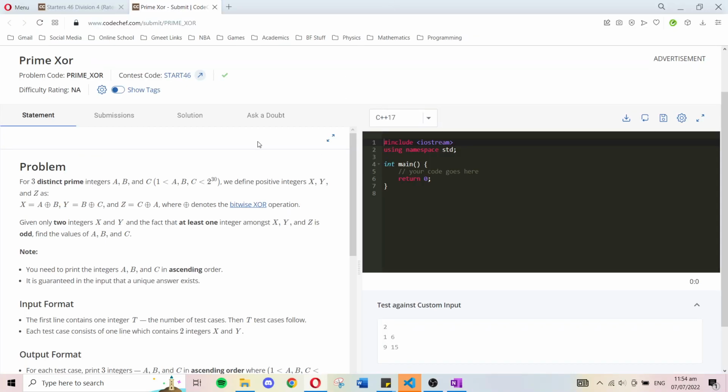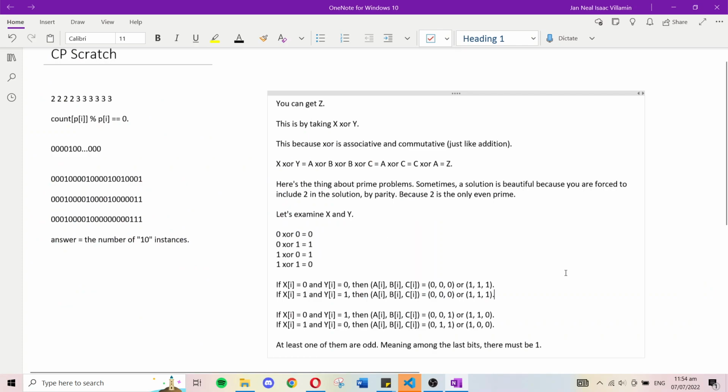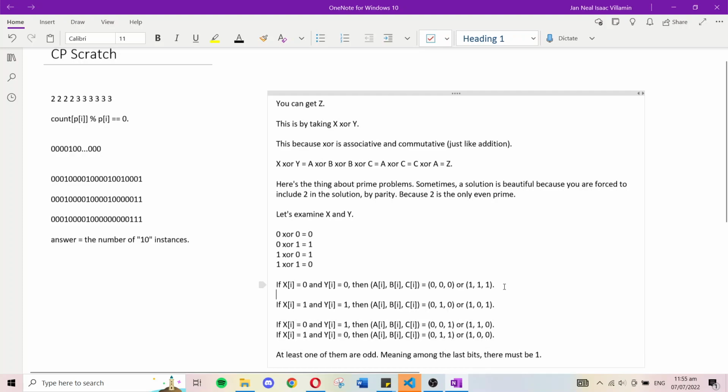Wait, is it odd or even? Oh yeah, odd. Oh wait, this is one, and then this is one. Oh, so this one must be 0, 1 or 1, 0. My bad. But we have to rule out this case, right? Yeah. Let's rule out that case.